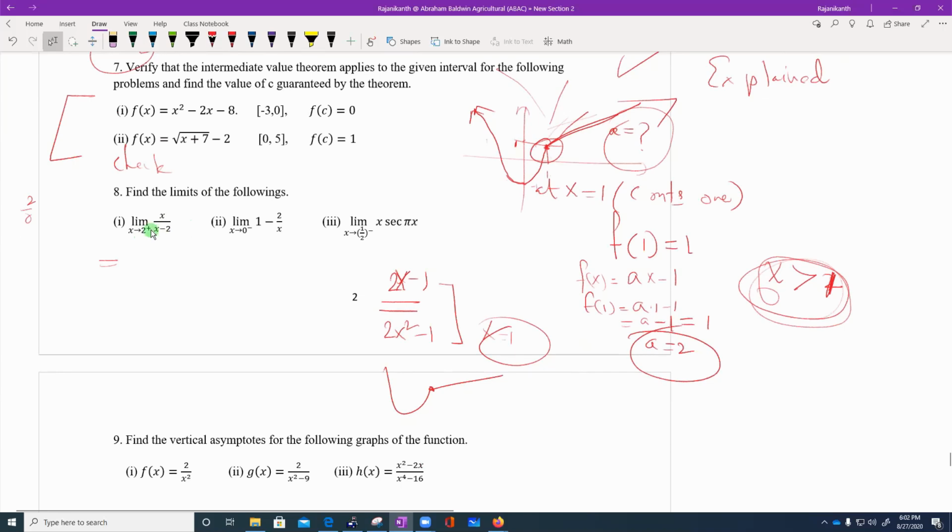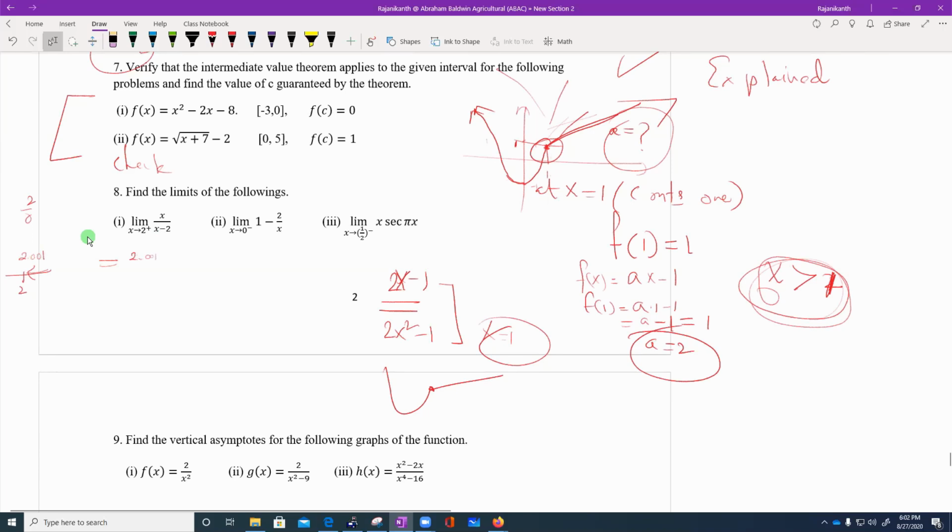Like I explained earlier, 2 is somewhere here. You are approaching from the right side, right? Choose one number very close to 2. I could choose 2.001. If you're plugging that value in, the numerator is very close to 2, so I could pick that 2, no problem.